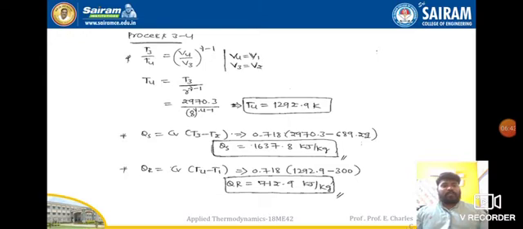And again we'll switch over to the 3 to 4 process. The 3 to 4 process is adiabatic. Adiabatic means you have to consider this equation, T3 by T4 is equal to V4 by V3 whole to the power of gamma minus 1. Here you should understand one thing, V4 is equal to V1 and V3 is equal to V2.